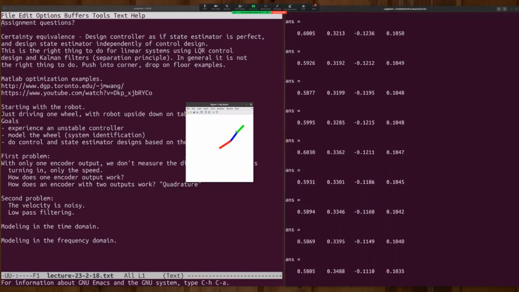So adding the extra penalty definitely slows down the arm.